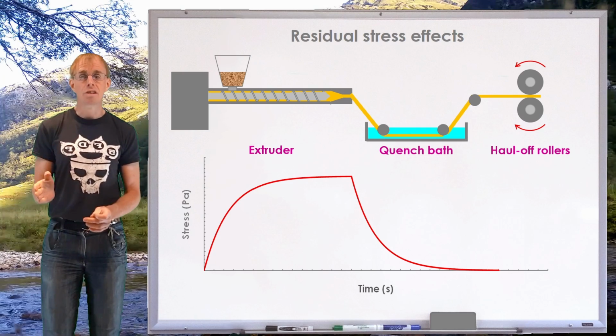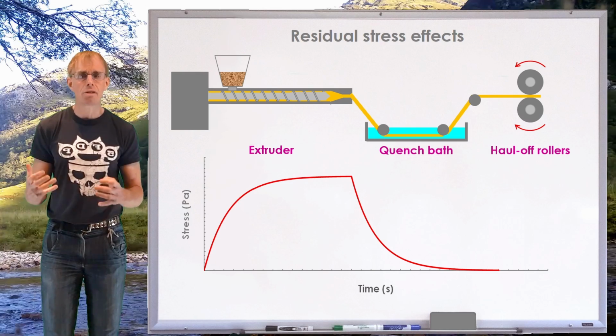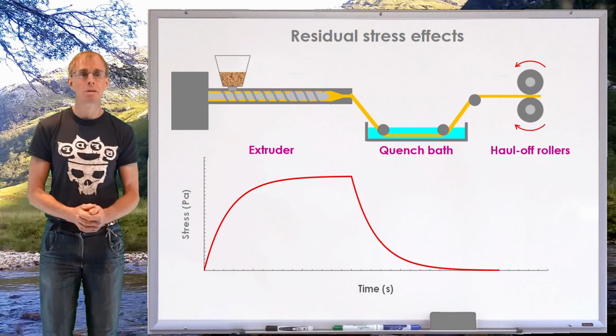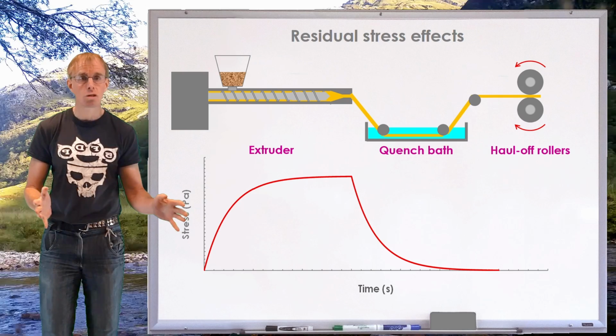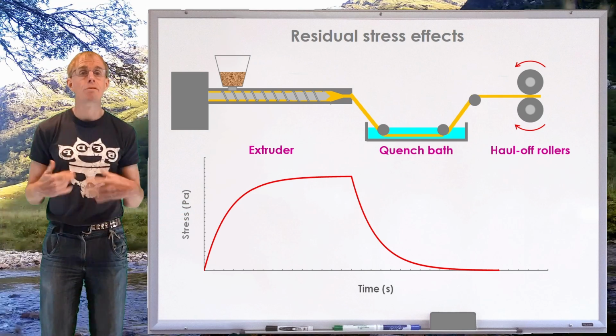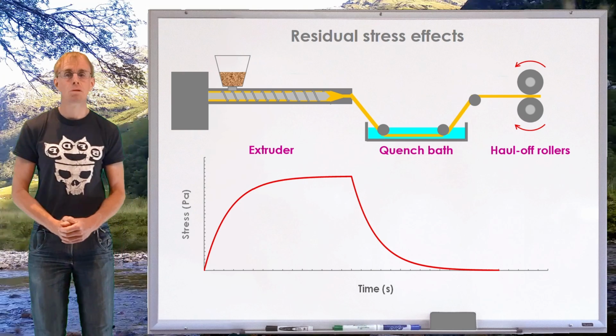Once the polymer has exited the die, it goes in an instant from being in a very high shear environment into a no shear environment. The only thing it might experience is some extensional deformation. And so suddenly all those stresses that have built up have the opportunity to relax. Those are the two parts of the curve that I've put on the board.